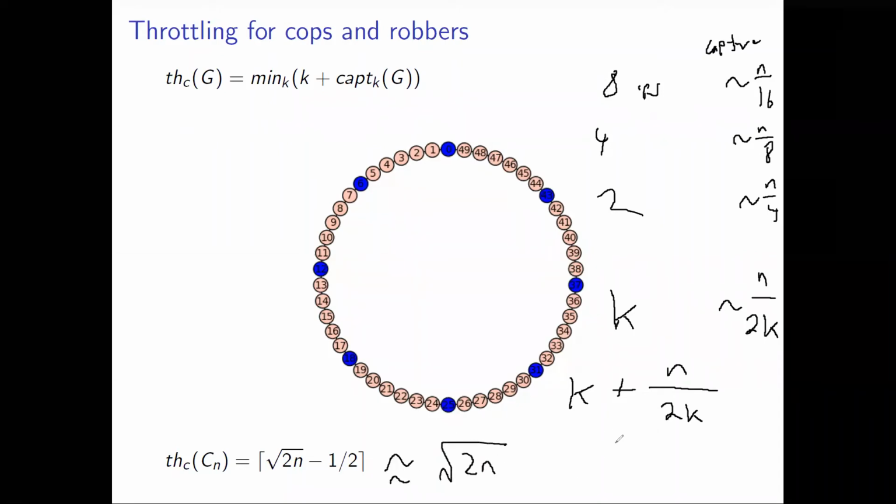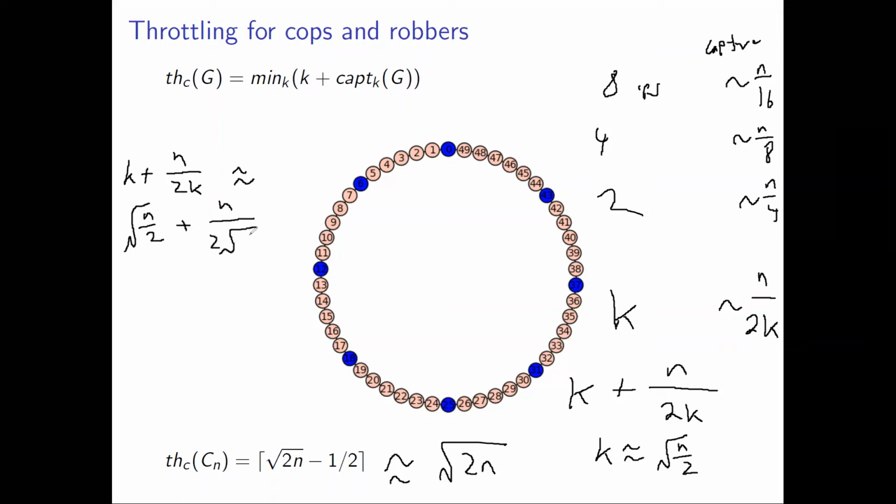You can see that if you take k to be approximately the square root of n over 2, then you get k plus n over 2k, which is approximately the square root of n over 2, plus n divided by 2 times the square root of n over 2.